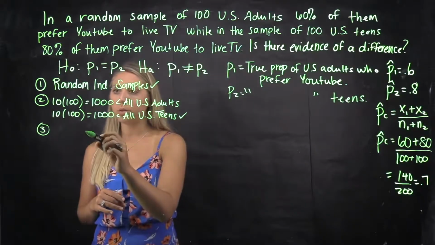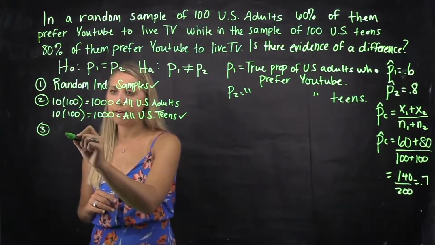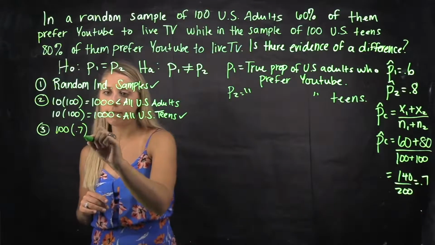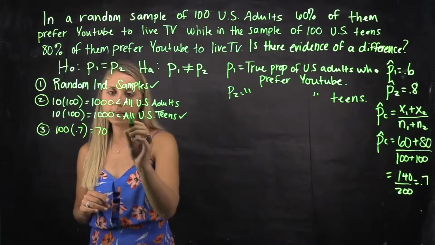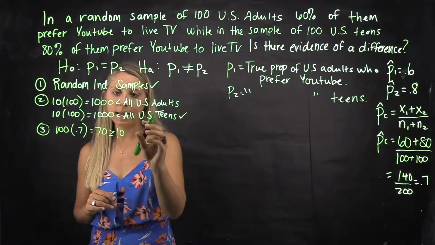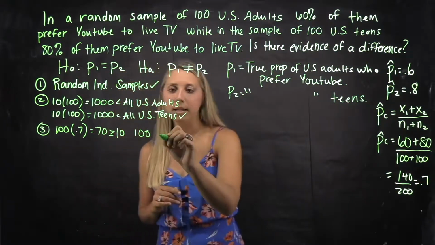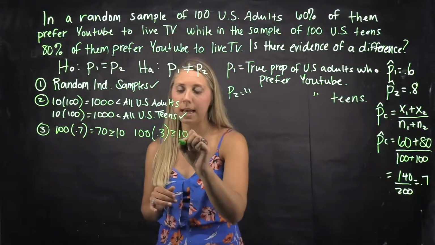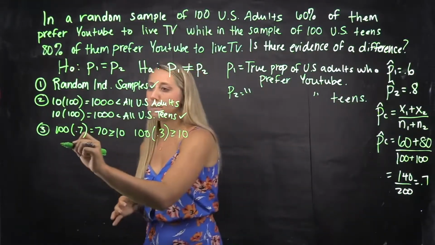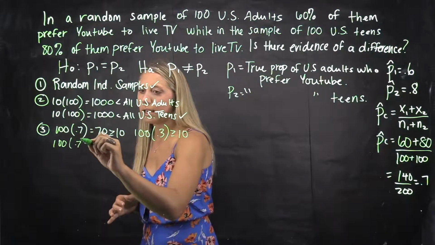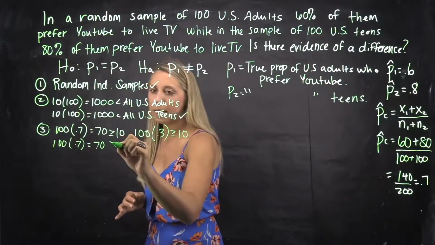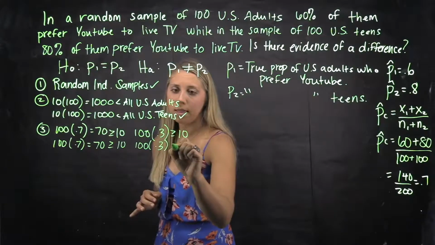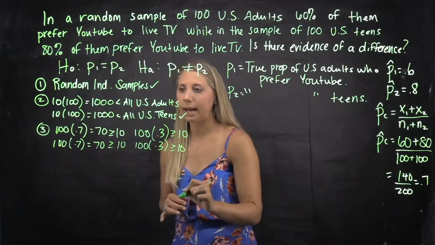So if we were to do that, we would have 100 times 0.7 equals 70 is greater than or equal to 10, and 100 times 0.3, which would be 1 minus 0.7, is greater than or equal to 10. Because our groups are the same size, these are just going to actually both be the same. So they all check out.